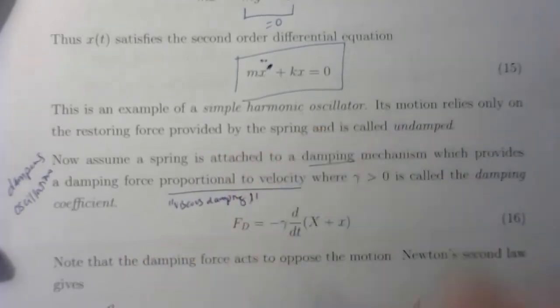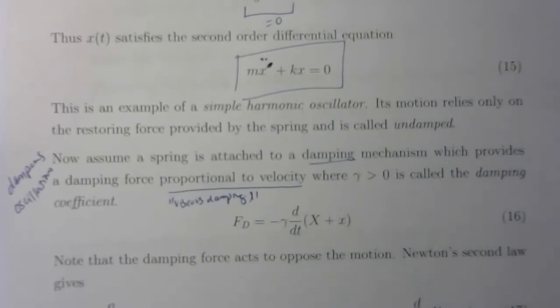There are other models of damping, just so you know. This is a really common one. Again this works in the opposite direction of something, but not the opposite direction of the displacement. It's in the opposite direction of the velocity of the mass.